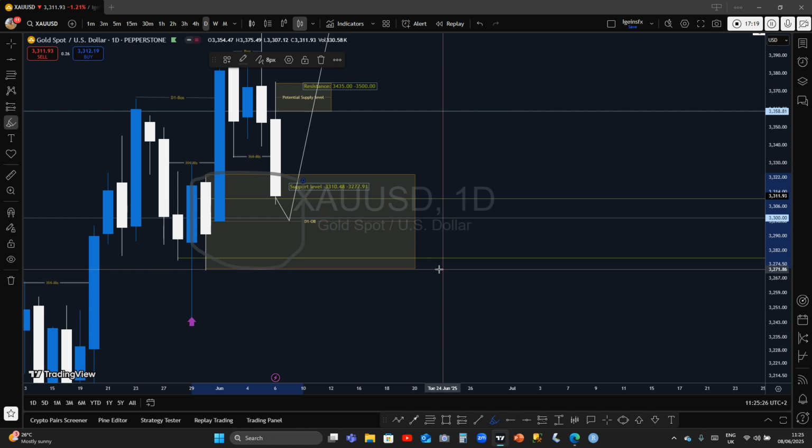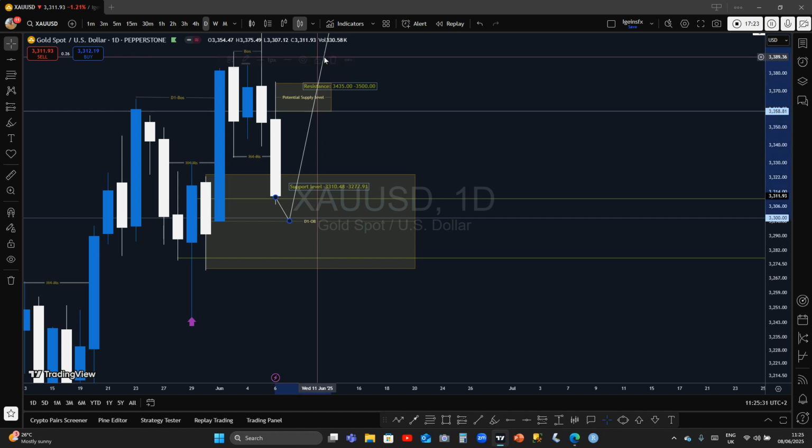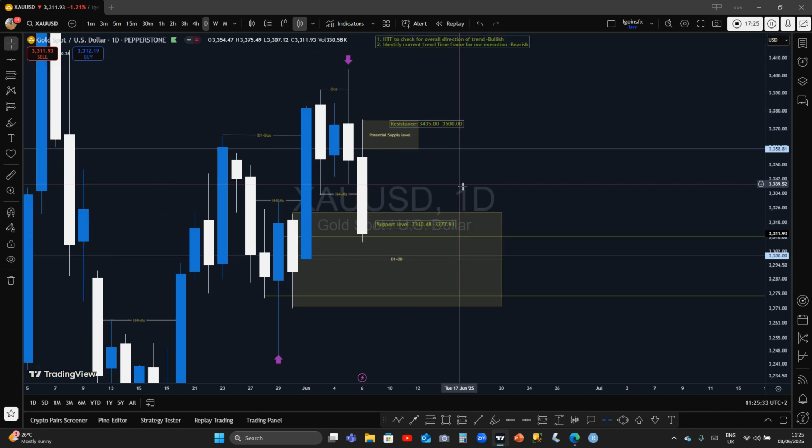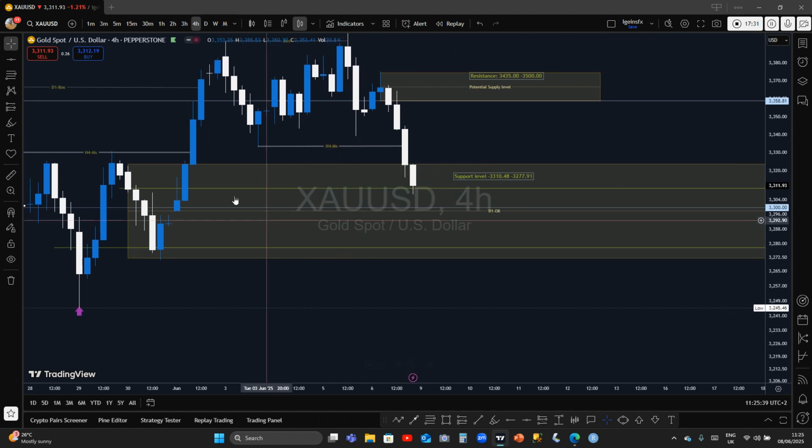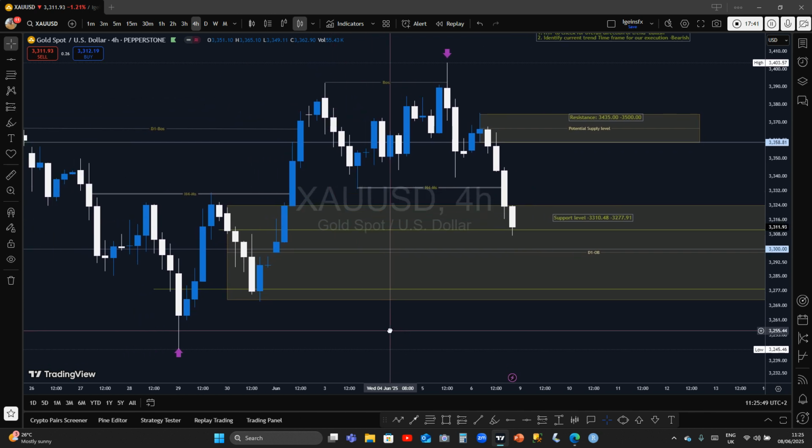That level is very, very powerful, and based on the higher time frame, we should know that price will react off that place. You can see, this is a demand zone. This whole thing here is a demand zone, and price is already here.